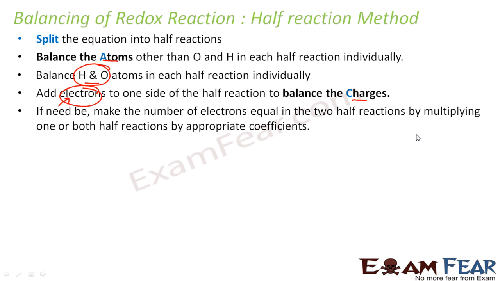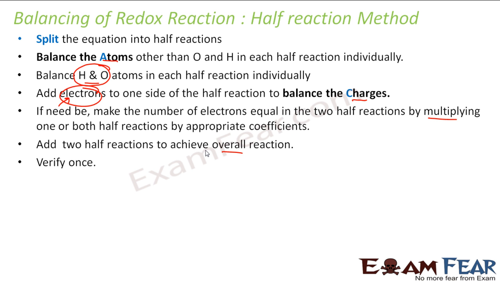You can do that by multiplying each half by some number, maybe 3 or 4. We'll show you an example for this. Then you add both half reactions, and make sure the electrons balanced on both sides get cancelled, and you get the reaction balanced very easily. Remember to verify once also.